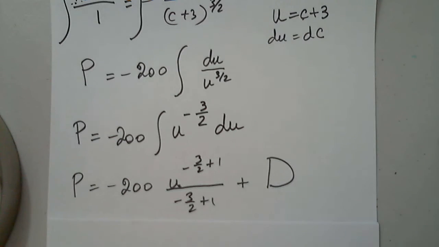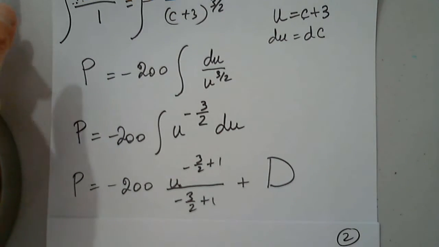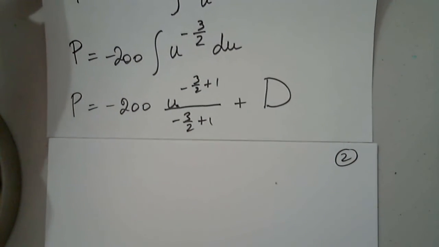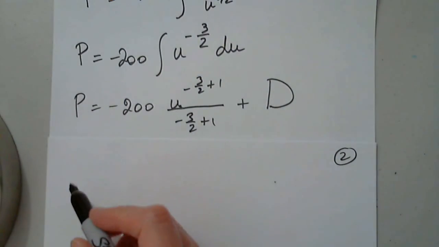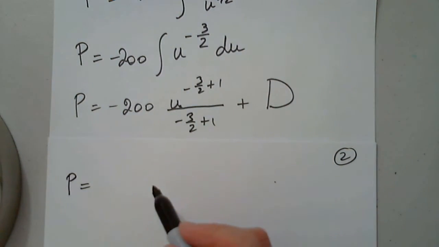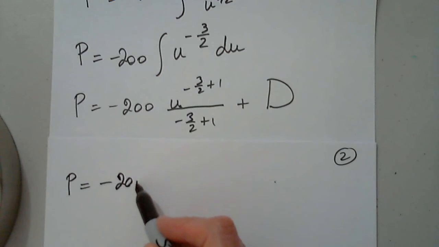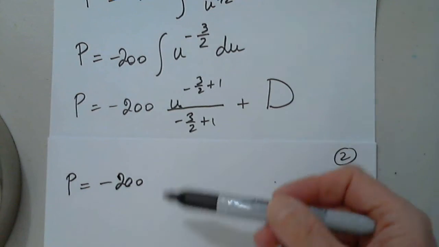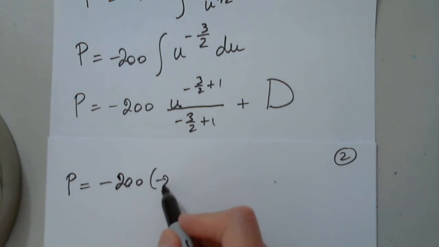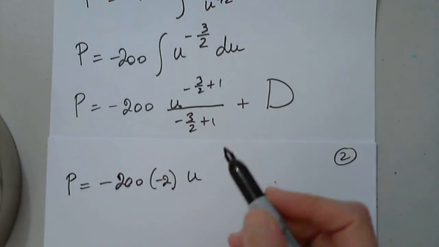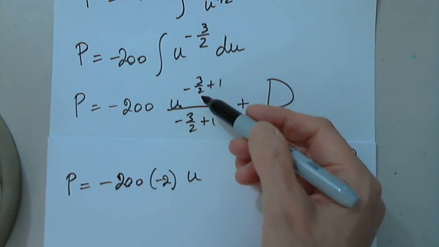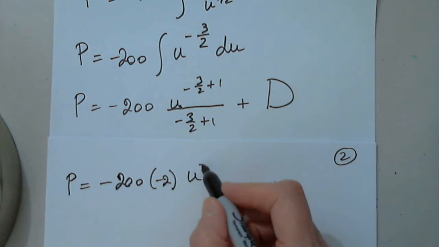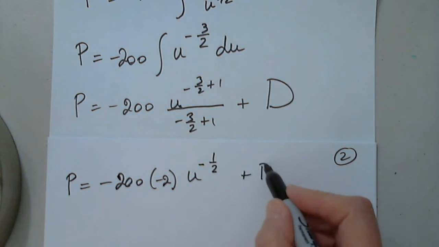Okay, next. P equals negative 200. Negative 3/2 plus 1 is negative 1/2, and I have to flip it, so negative 2. U, again, the same thing, negative 3/2 plus 1 is negative 1/2, plus a constant d.